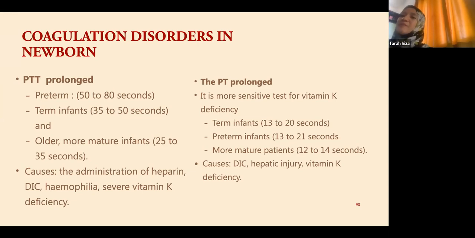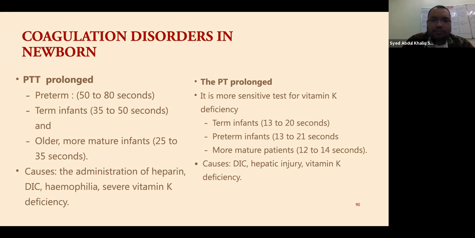The PT normal range in term infants is 13 to 20, while preterm is 13 to 21, and for more mature patients it is 12 to 14. So it needs to be noted that when the newborn has liver disease or a biliary system disorder, it will affect the PT more.